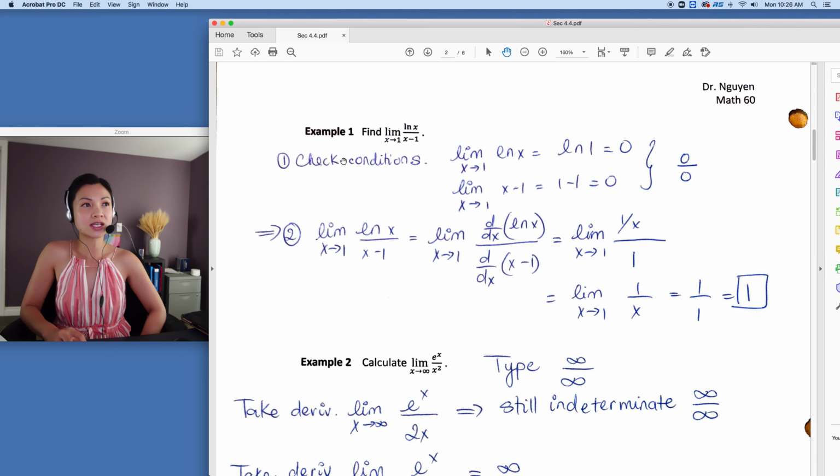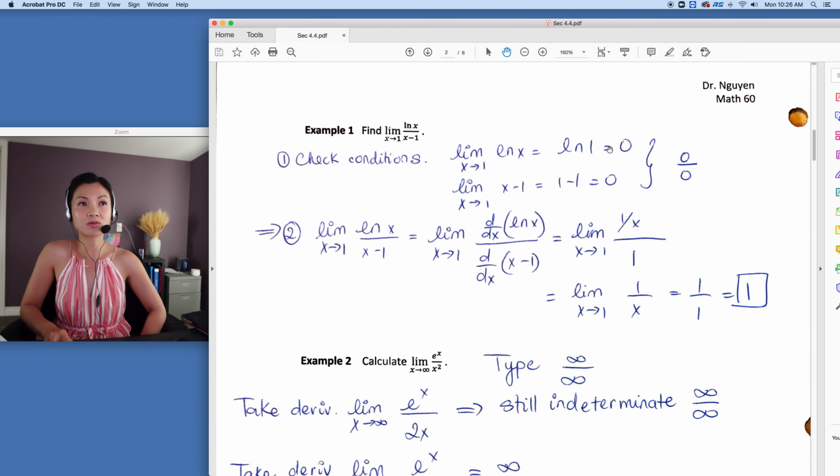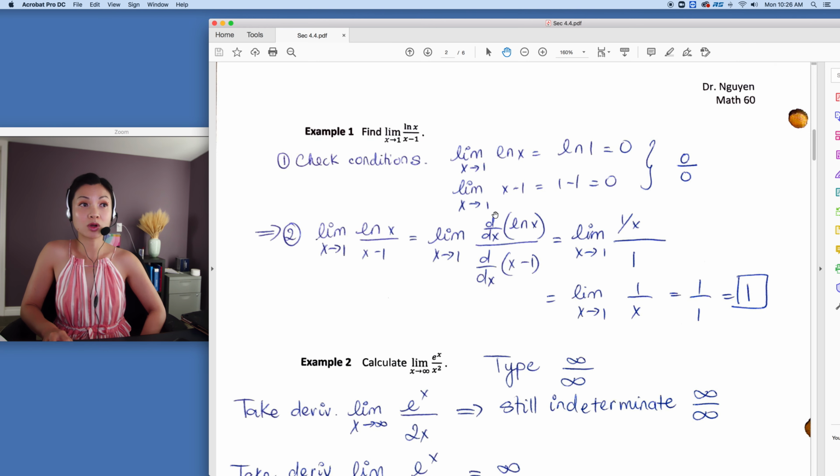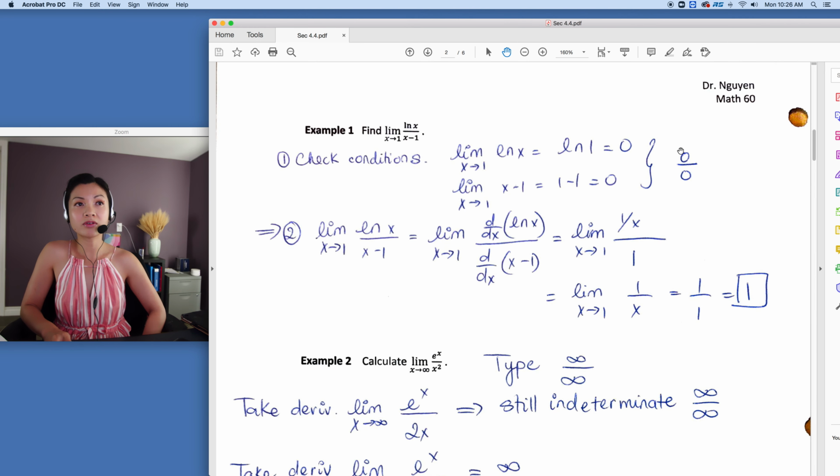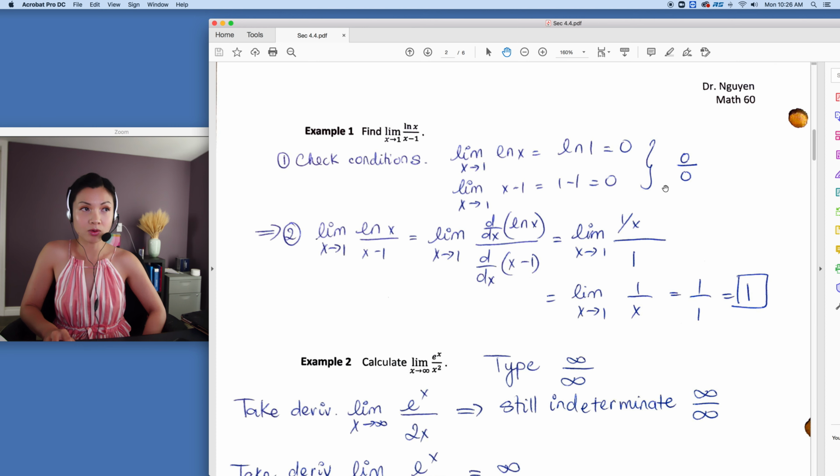Let's go into example 1. First, I need to check the condition. The limit of ln x as x approaches 1: ln 1 equals 0. The limit as x approaches 1 of x minus 1 is 0. So what we have is 0 over 0.